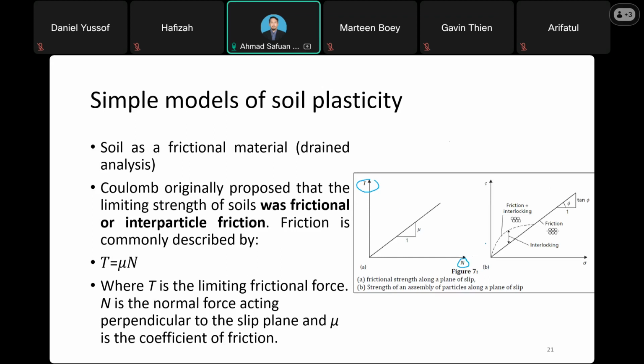T is the limiting friction force and N is the normal force acting perpendicular to the slip plane, and mu is the coefficient of friction. As described in Figure 7a, we show the frictional strength along a plane of slip. It is the strength of an assembly of particles along a plane of slip.